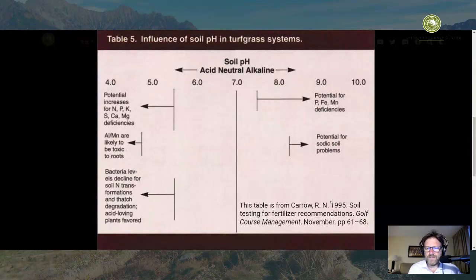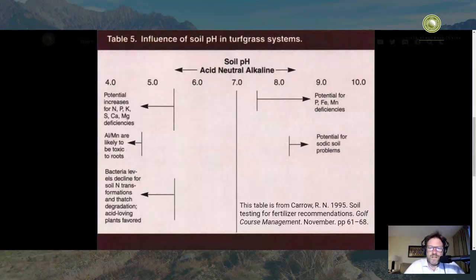And then the fifth item, it shows a pH above, I think he's probably indicating about 8.2. I think this would be better to put at 8.5. It says above that level, you have a potential for sodic soil problems, which is what happens when you have too much sodium in the soil.